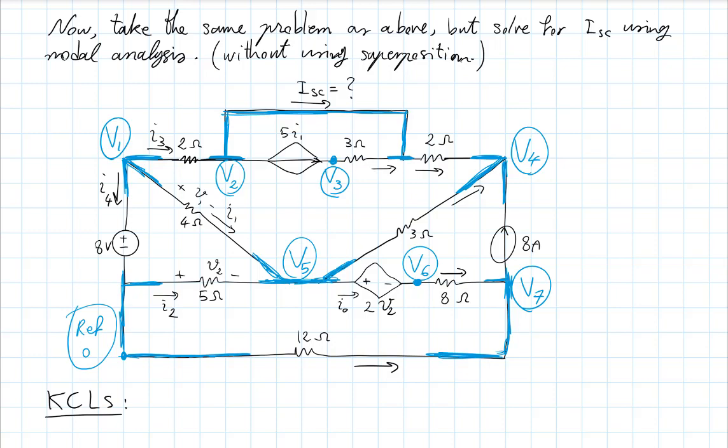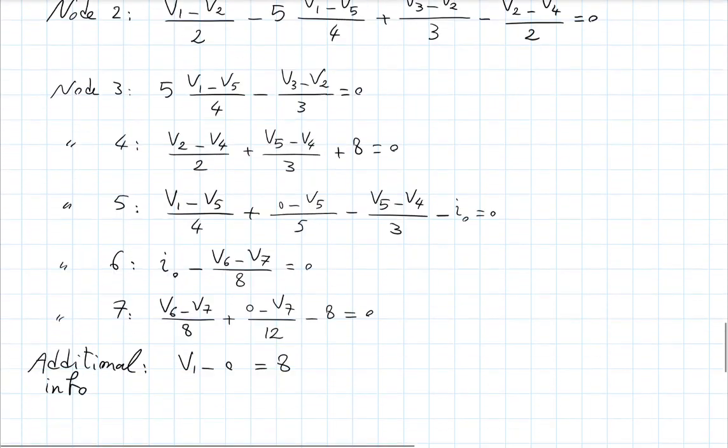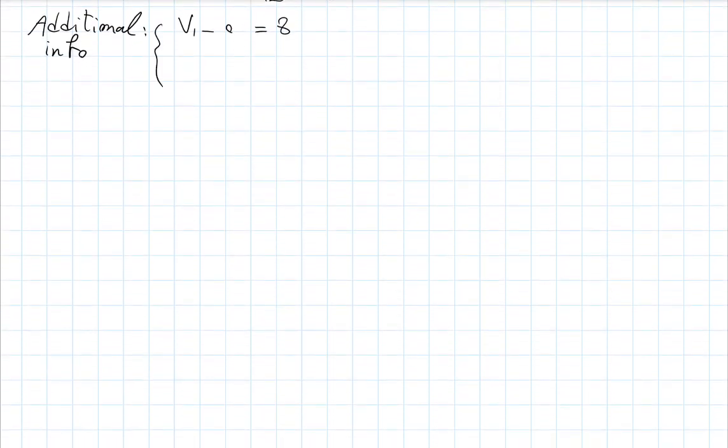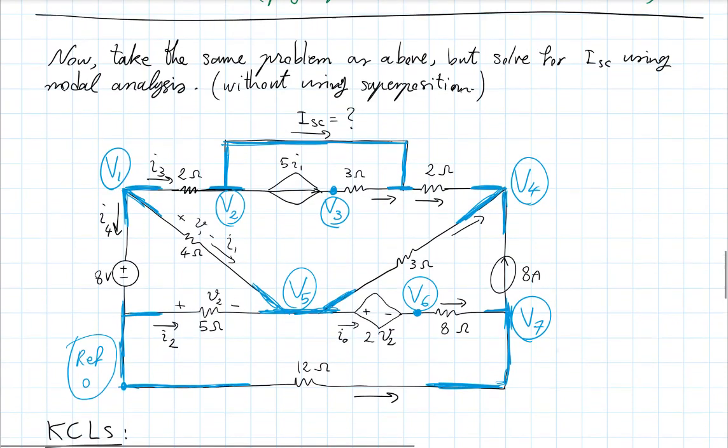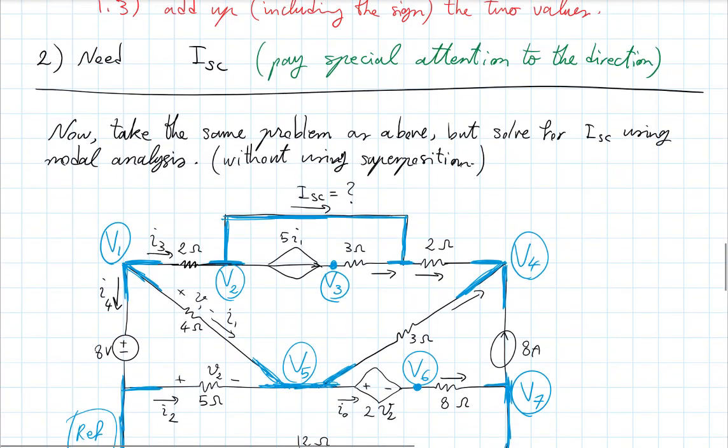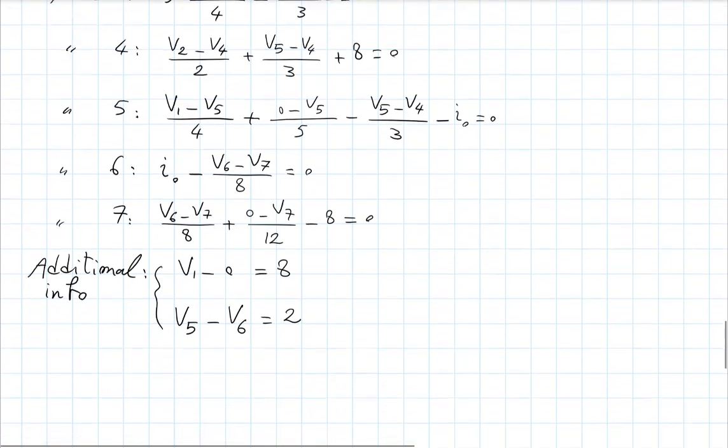So V5 minus V6 is 2 times little V2. But little V2 itself is this voltage here, which is the difference between reference 0 and V5. So that's 2 times 0 minus V5.